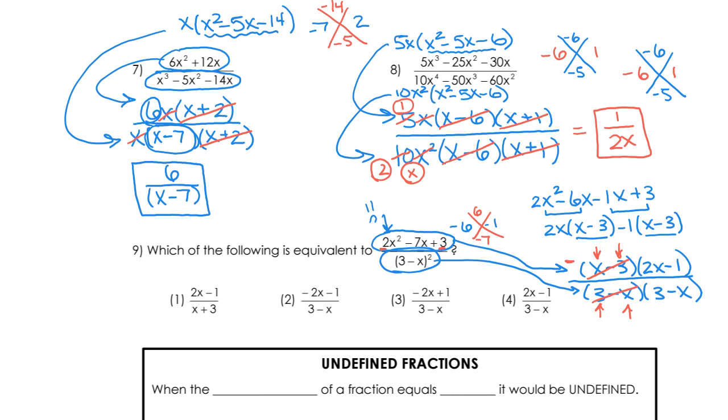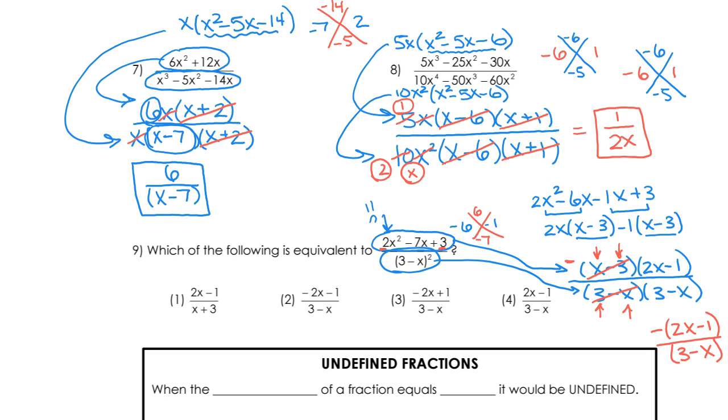Okay. And so now we have to figure out, what do we have left? We have the negative, and then in parentheses is the 2x minus 1, and you don't have to write the parentheses unless you distribute the negative. And then on the bottom, we have the 3 minus x. Okay, and again, if you want to leave them in parentheses to remind yourself that you cannot reduce anything else from those, you can.